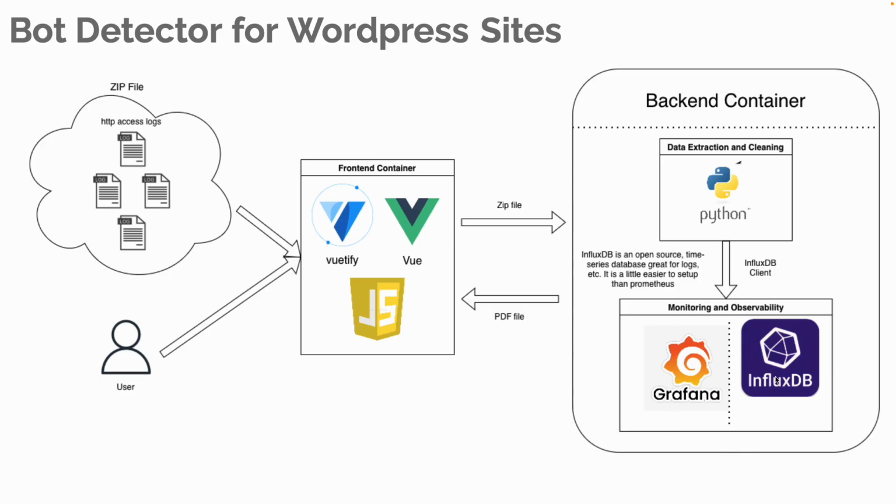It has Grafana and InfluxDB. Python takes all the HTTP access logs, parses them, creates metrics within the InfluxDB, and that gets displayed within a dashboard in Grafana. The dashboard is then dumped to make a PDF file from it, and then that gets sent back to the front-end container and displayed via the front end.